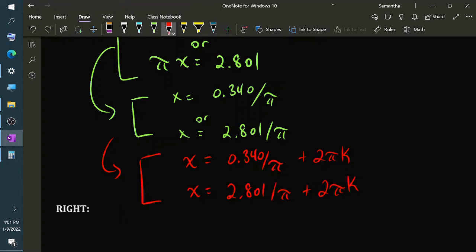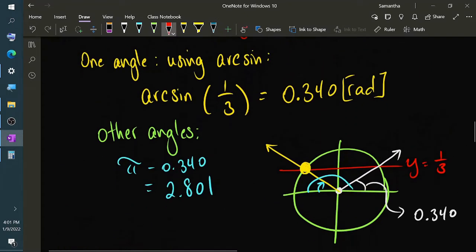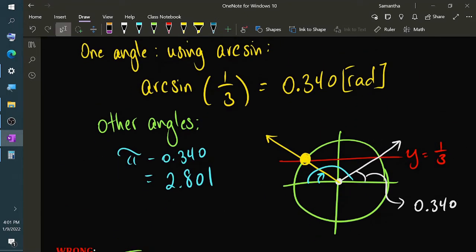This individual has added the 2 pi k as an afterthought at the very end of the problem, and this isn't going to work. These values of x are not actually the solutions to the given equation. You need to add the 2 pi k when you're describing the angles that cause sine to produce a value of 1/3.